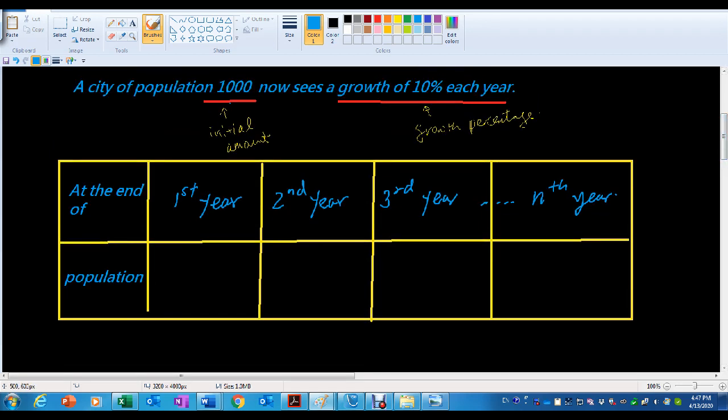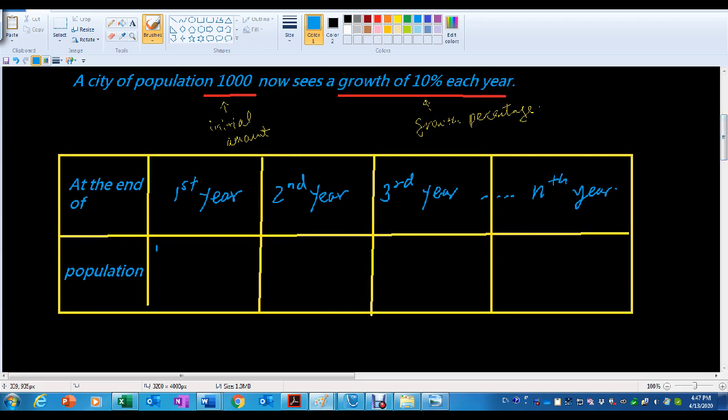At the beginning of the first year, that's 1,000. It increased by 10%. So at the end of the first year, it should be 1,000 plus the increase, which is 1,000 times 10%, because that's 10% of the population at the beginning of the first year.